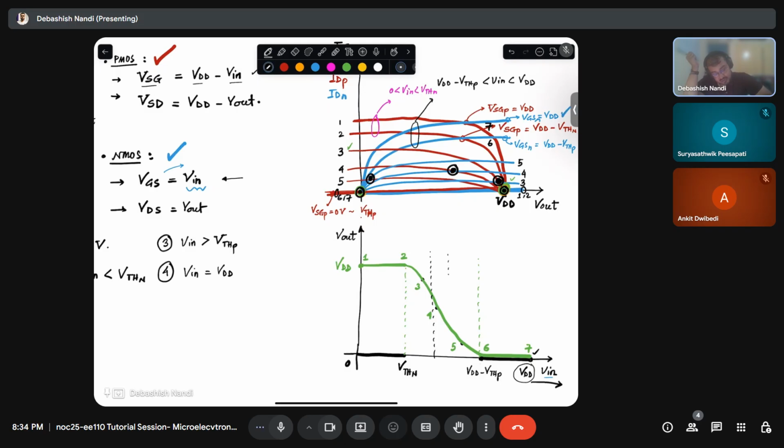Now let us bifurcate the regions. So in the 1 and 2 point, N and P. What is the status at point 1? Where is point 1? Point 1 is here, right? So this is 1, 2, 3, 4, 5, 6, 7.